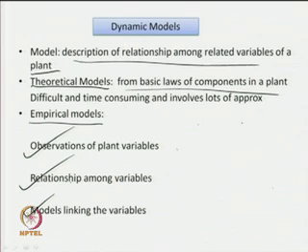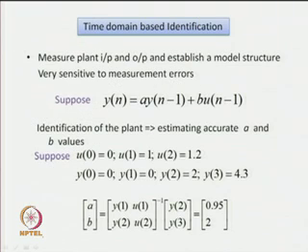Now, we shall go to some identification technique. We shall study some time domain based identification of dynamics of a real time process. Let us consider we have some unknown process denoted by 1 upon D(s).